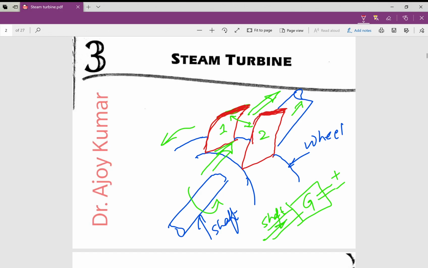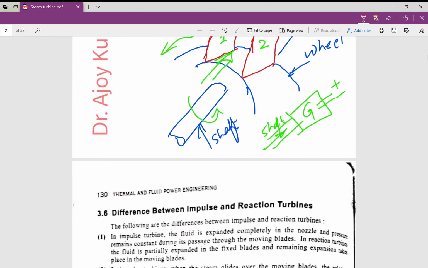You might have observed the wing of an aircraft, which is of aerodynamic shape. That shape is more or less like this. Further we will be taking blade profile of types of steam turbine.